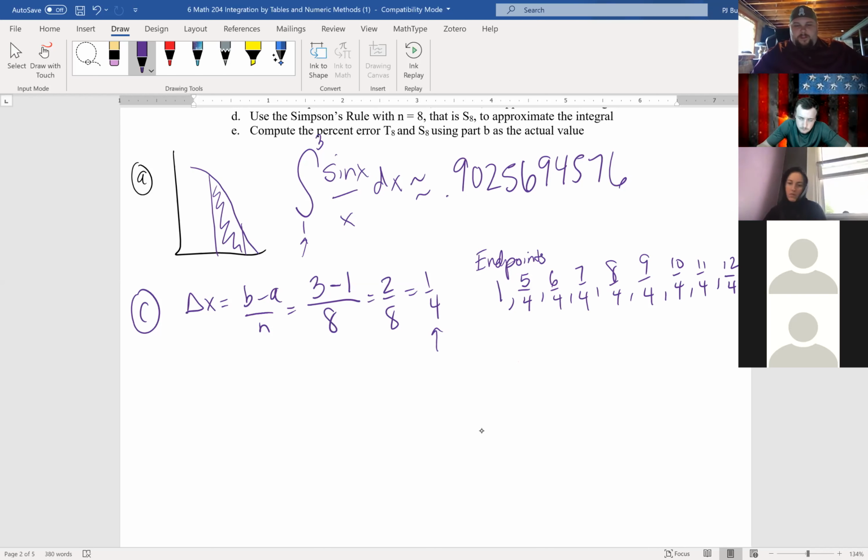So one way to know that you've done this correctly: n was 8, which means you should have n plus 1 endpoints. So in this case, we should have 9 of them. Let's see. As I count, I'm going to simplify these if possible.